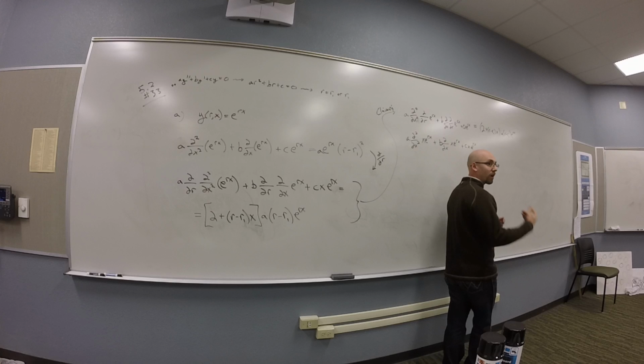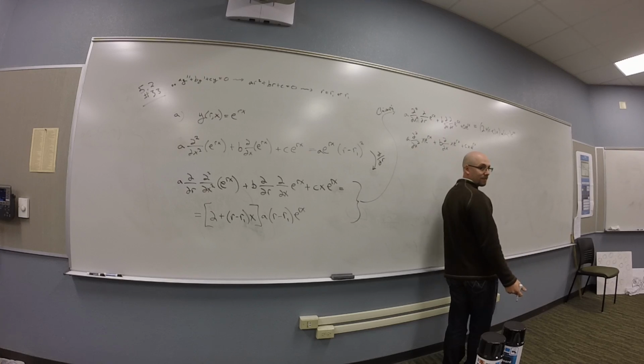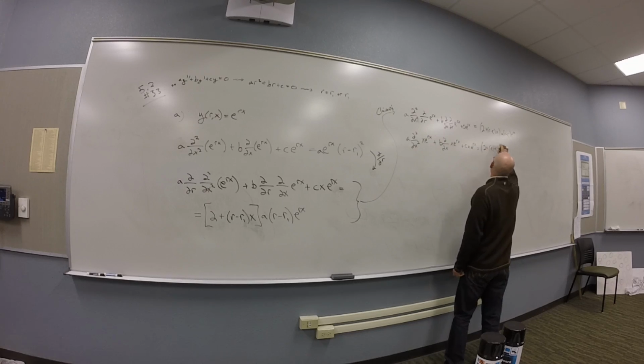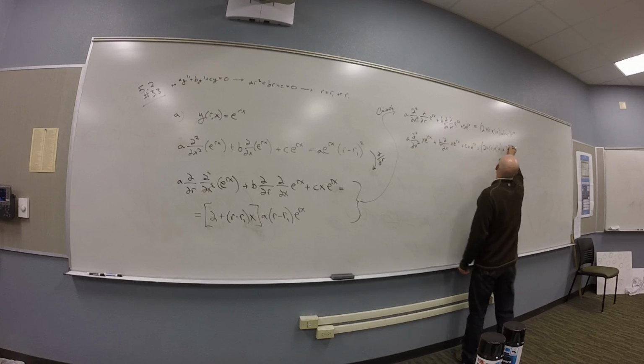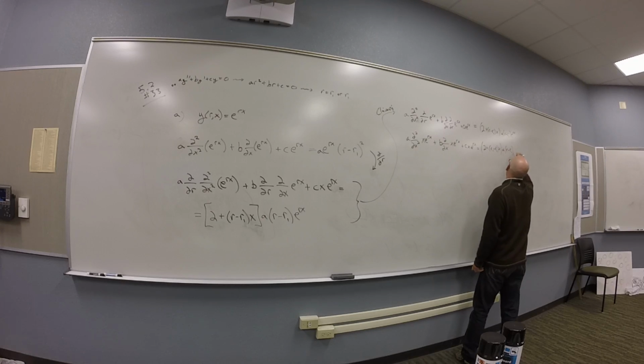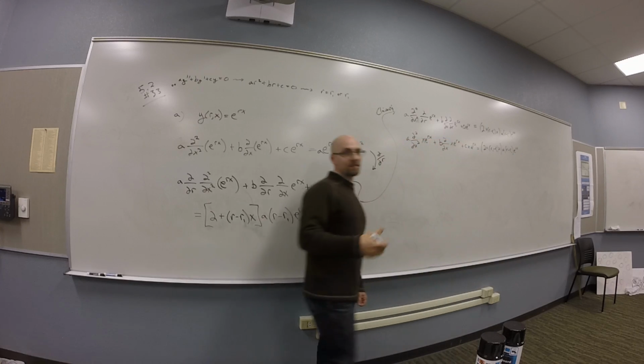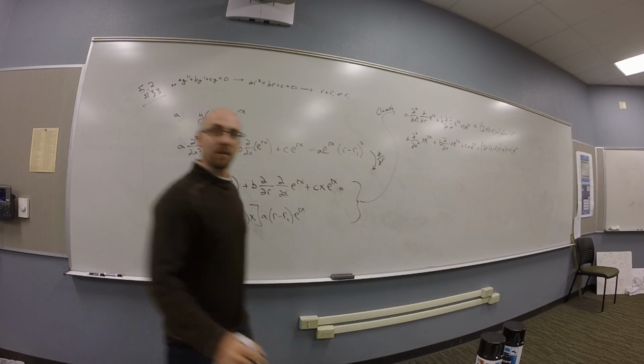And I know what I should get. I have to get that jump, so I have to get (2 plus r minus r1)x times a times (r minus r1) e to the rx. I know I have to get that because the claim is true.